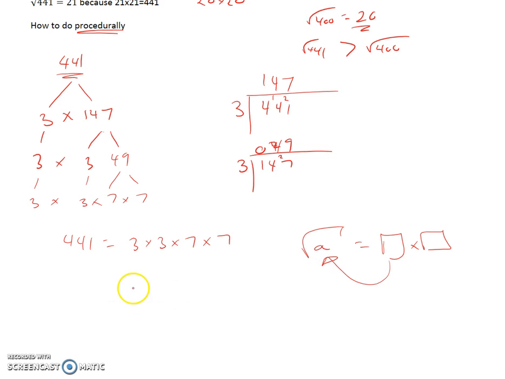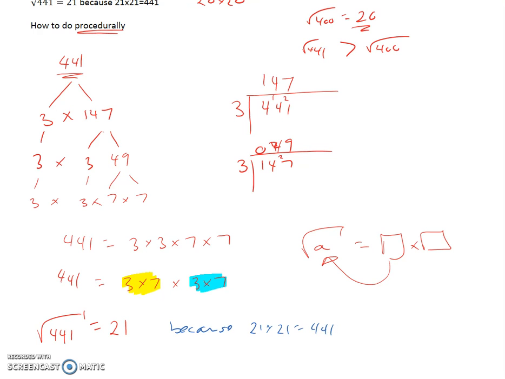Okay, so 441 could be written as 3 times 7 times 3 times 7, and I see that those are the two numbers that are the same. So that means the square root of 441 is 3 times 7. That's 21, because 21 times 21 gives me back 441.